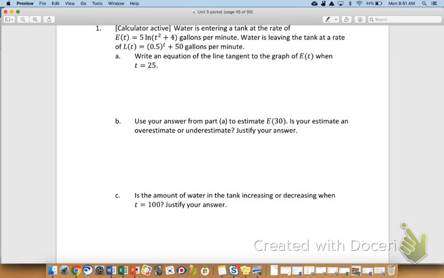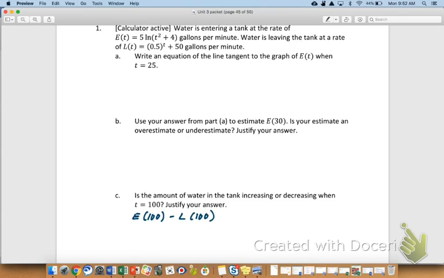Do you remember me saying this last week? That in a question like this, the true test of understanding is realizing that E of t and L of t are already the derivatives of the amount of water. They're already the rates of change of the amount of water. And so the wise move would actually be to leave them as they are. Are you with me? So for C, I'm going to calculate the numerical value of E of 100 minus L of 100.